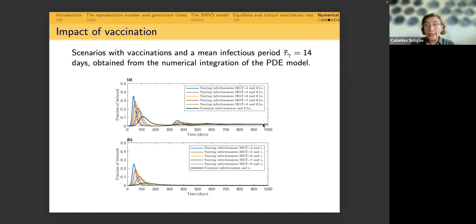So this is what we were saying. We don't need the Markovian model here, because also the black curve was enough to give us this prediction. And so this is the first case, impact of vaccination, when we start with a population which is fully susceptible. We add a few infected individuals, and we start the process of the spreading and the process of vaccination. This is what happens.